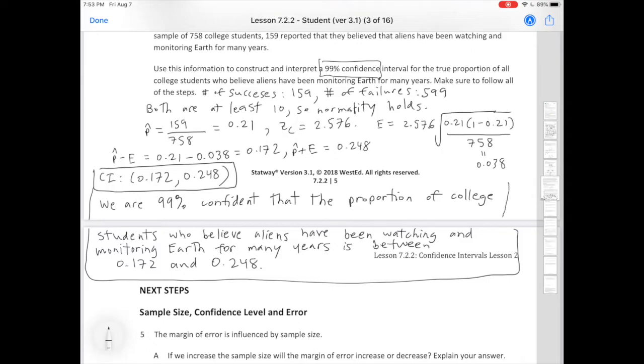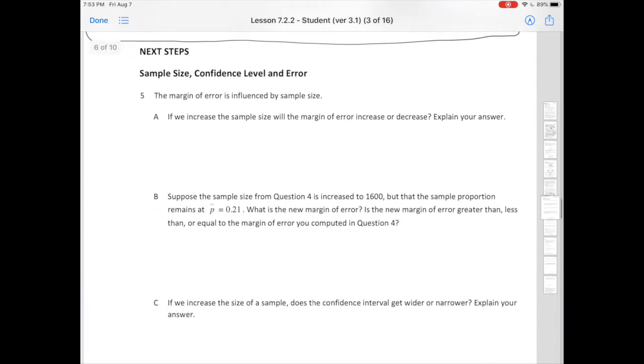So the way I wrote this sentence right here is exactly how we want to see answers on an exam or homework or something like that, okay?